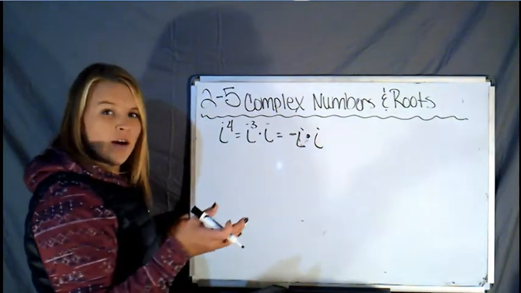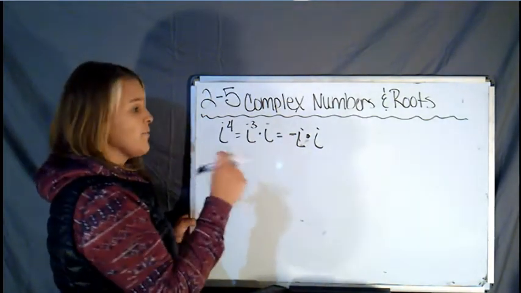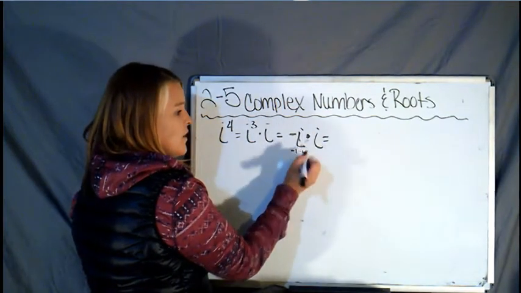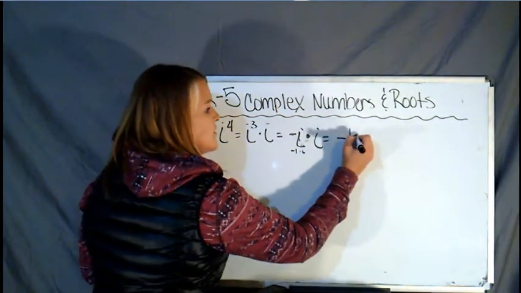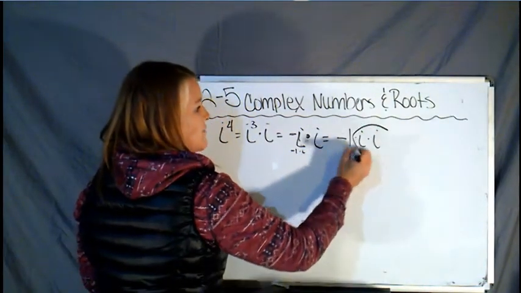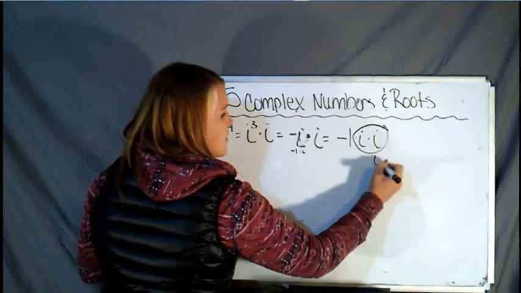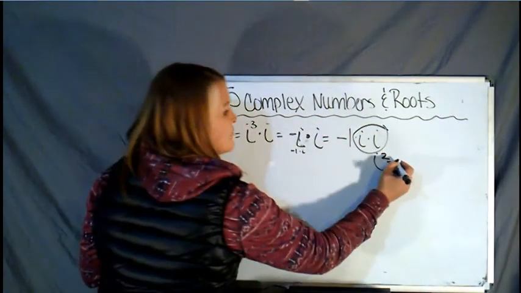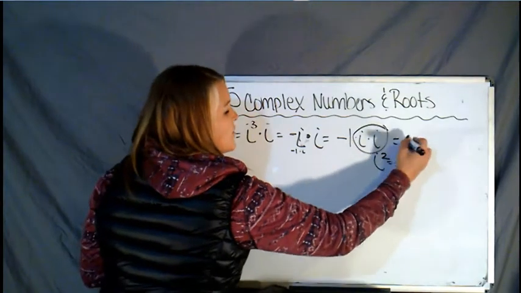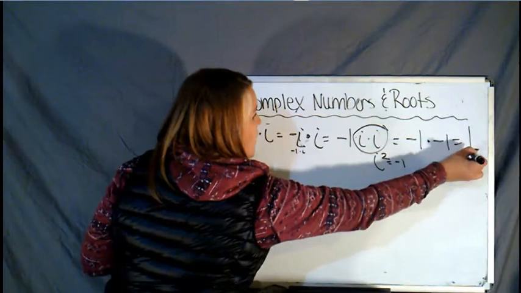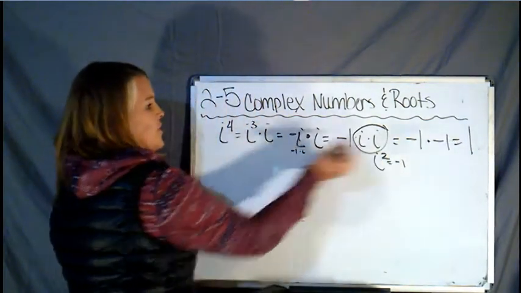Now if I break these down by product properties, where I can move them around, -i would be -1 times i, correct? So we have -1 times i times i. Well, I know that i times i would be i squared, which we found out is -1. So this is technically equal to -1 times -1, which is 1. So i to the 4th is equal to 1.